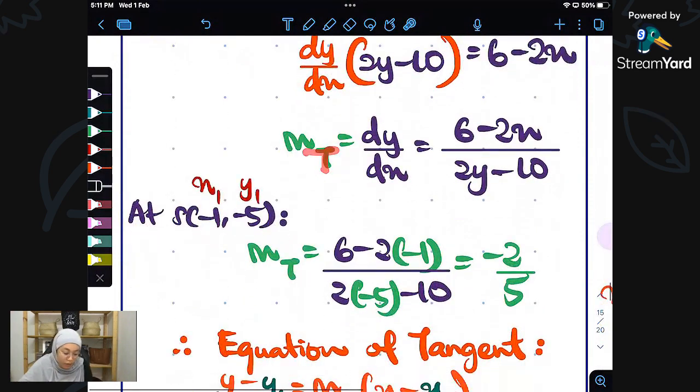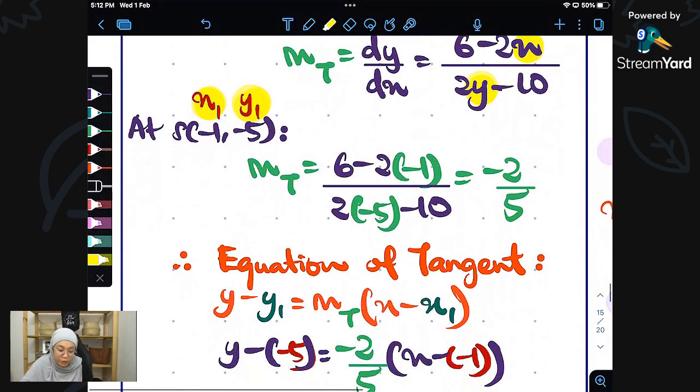And so at the point here, -1 and -5, you just sub in the coordinate of x and the coordinate of y in there. So I put it in, I'll get -2 over 5. After I sub in the point, x1, y1, I got -2 over 5.